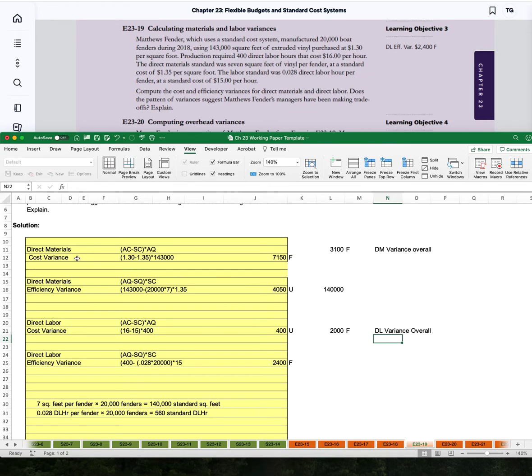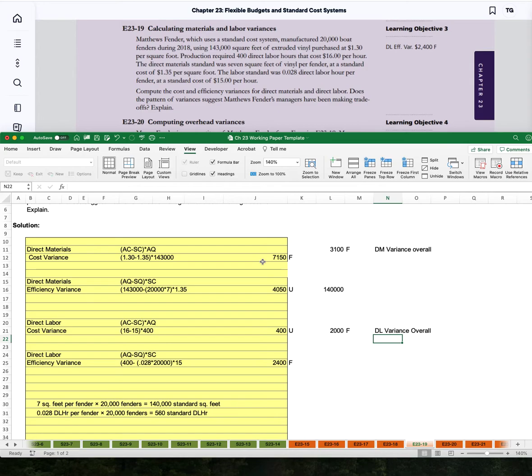So when we look at this cost variance, we're seeing that it's favorable. So we spent less money on the material than was our standard, but our efficiency is unfavorable. And so what would you ask yourself as a manager?